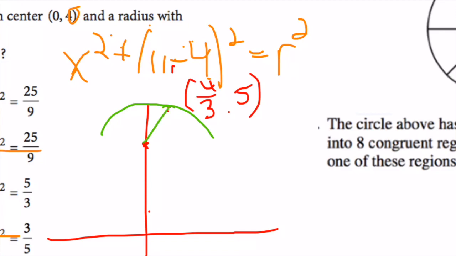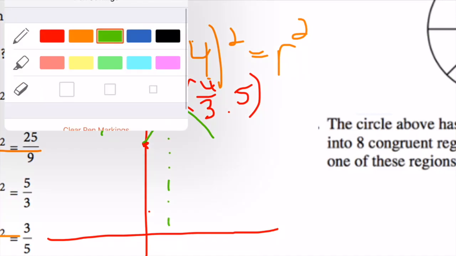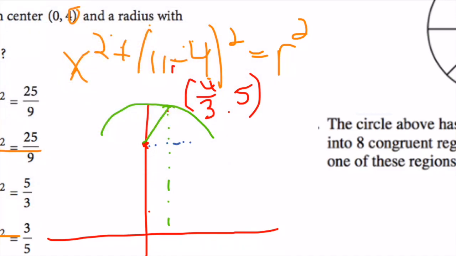Now, what I need to do to find this radius is make this into a triangle. I'm going to separate it into a triangle, and I'm going to worry about my x coordinates and my y coordinates. So my x coordinates here, I have 4/3, and I also have 0.